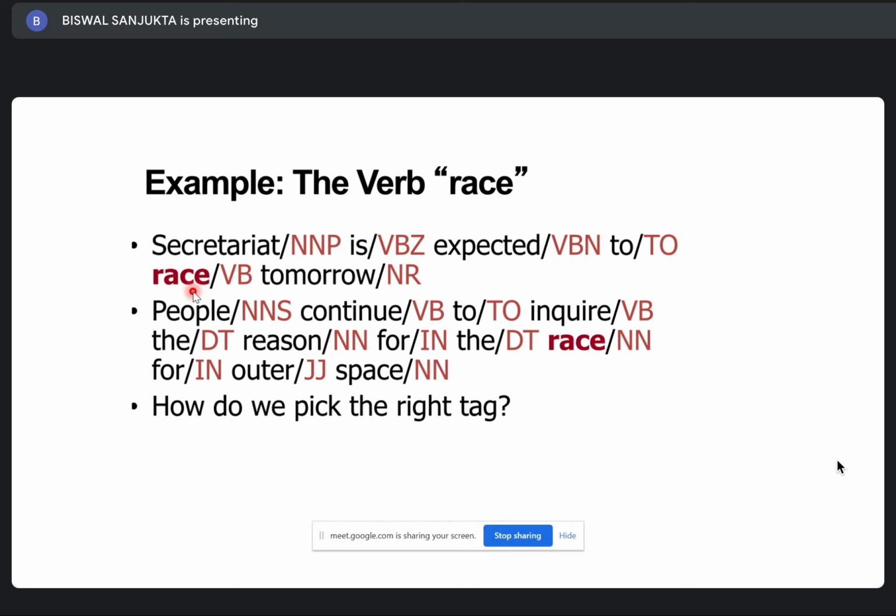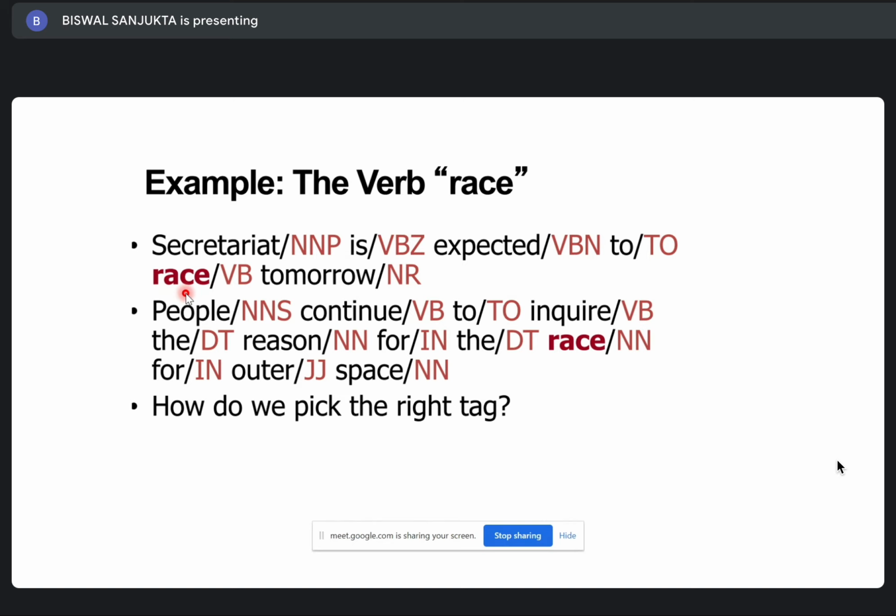And one point I would like to stress here: whether a word will be tagged as noun or any other tag always depends on the data set you have.